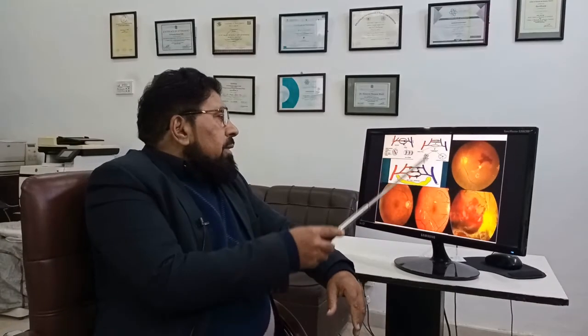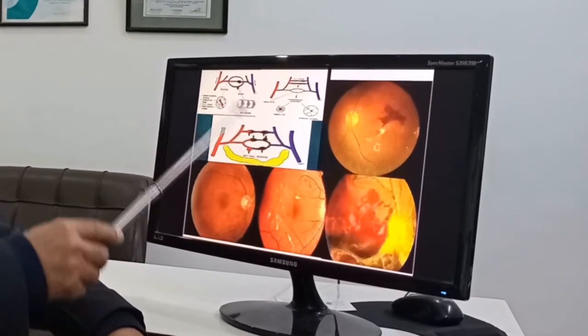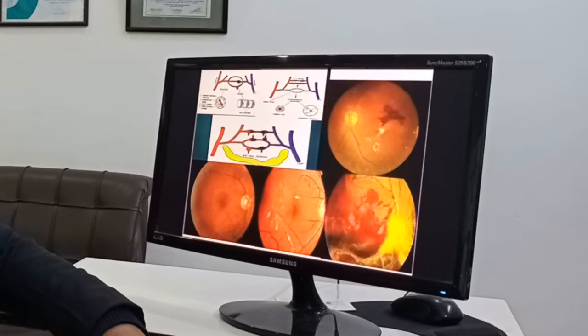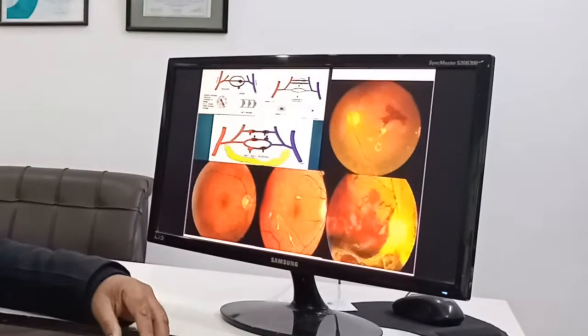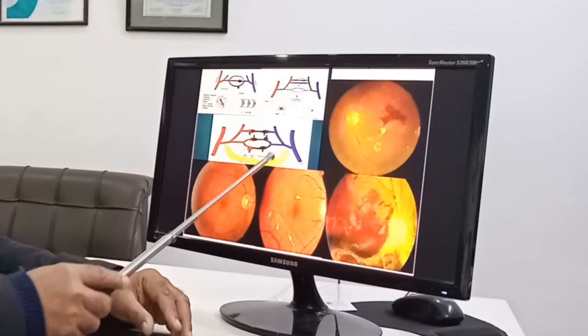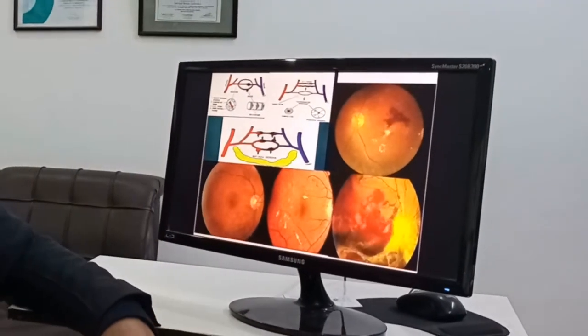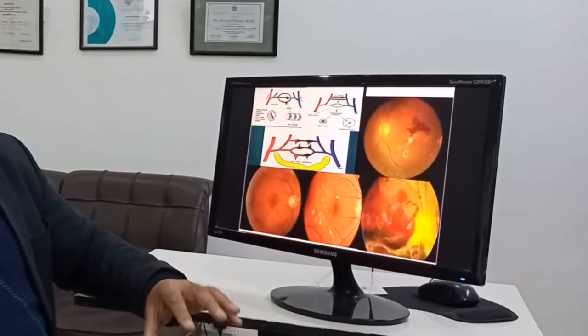On the other hand, when capillaries get diseased and deoxygenated, this leads to disease of the pericytes which cover the vessel wall and the endothelial cells.